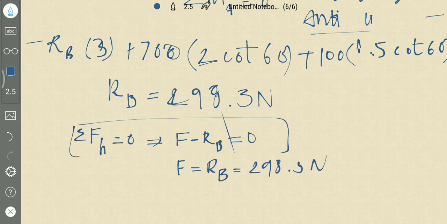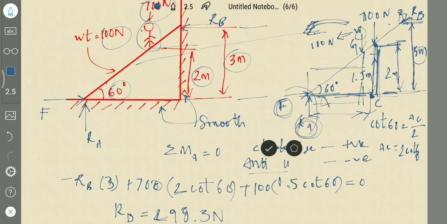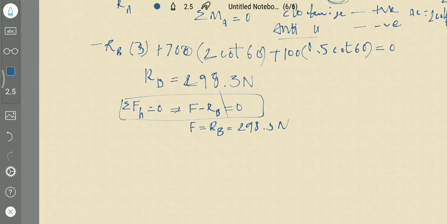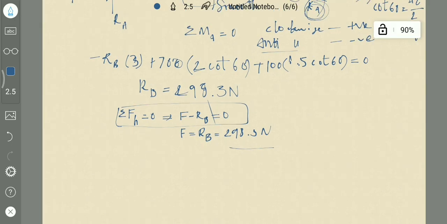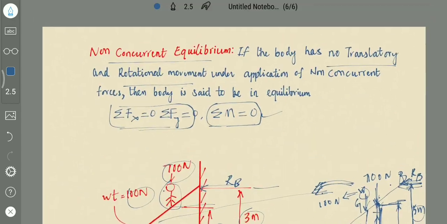How has this come? The horizontal component forces are this and this. These two are vertical, right? Only horizontal forces are this and this. So F minus R_B is 0 and F is equal to R_B. This is the answer. By this, the free body diagram and equilibrium has been completed.